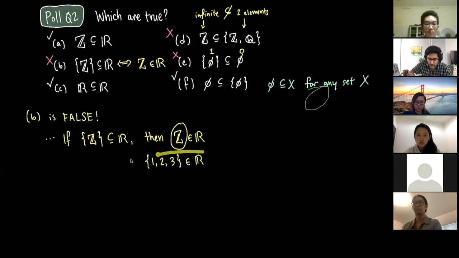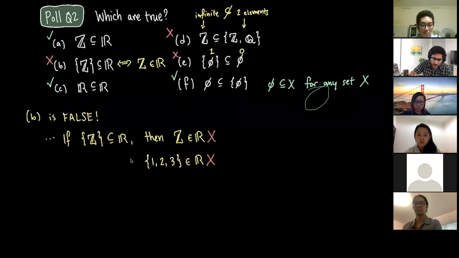Is this true? People saying yes, people saying yes. Some people saying no. Absolutely no, it's not. Element means that it represents a single element of that set, right? This is false.